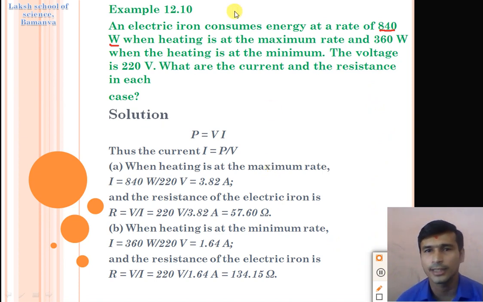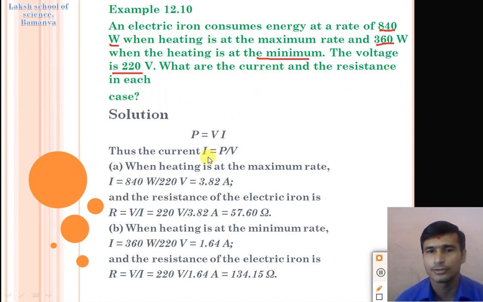So when the electric iron is heating at a maximum rate, the power consumed by the electric iron is 840 watt, and 360 watt when heating at a minimum rate. The voltage applied to the electric iron is 220 volt. What are the current and the resistance in each case?